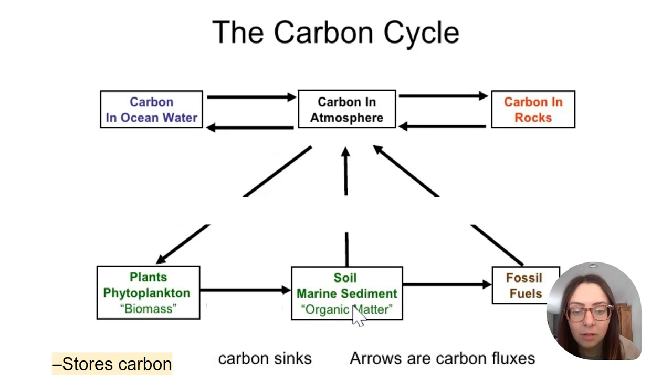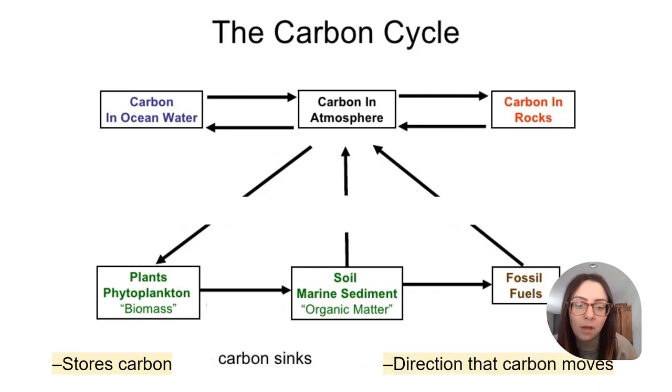This one here, we're just going to refer to as animals. Okay, I meant to change that. Okay. Then the arrows here represent carbon fluxes. And that just shows us the direction that carbon moves.